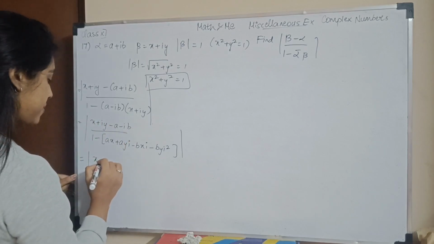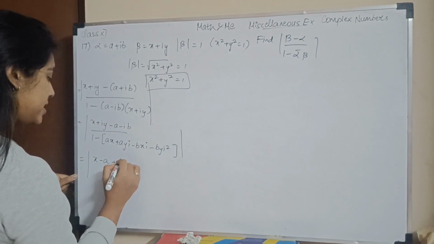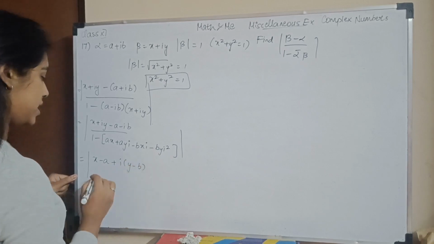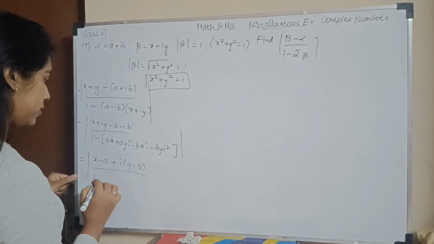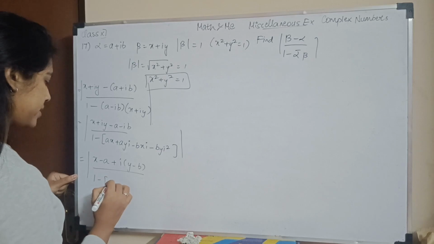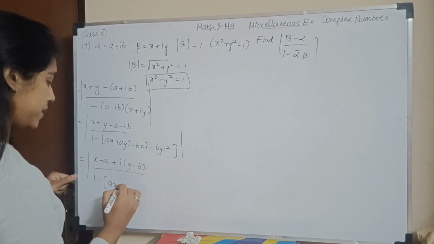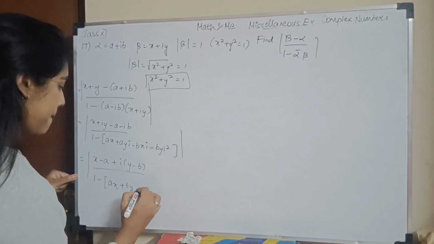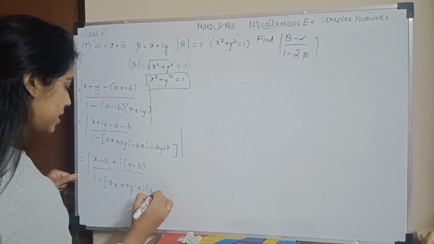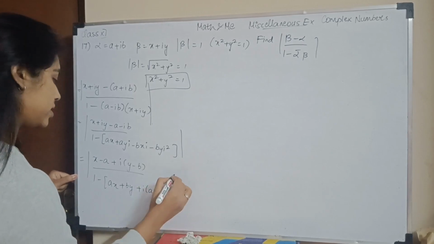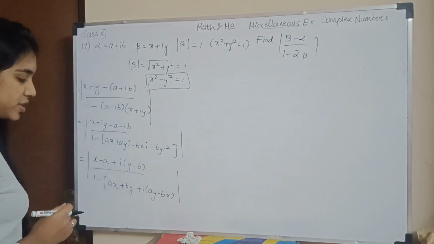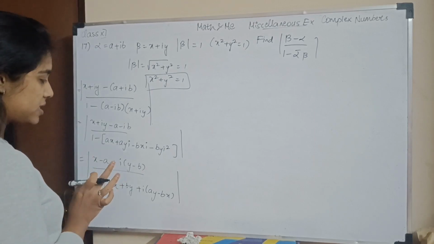So I have x minus a plus I times y minus b divided by 1 minus ax plus by plus I times ay minus bx. Okay, I'm just writing the real and the imaginary parts together.